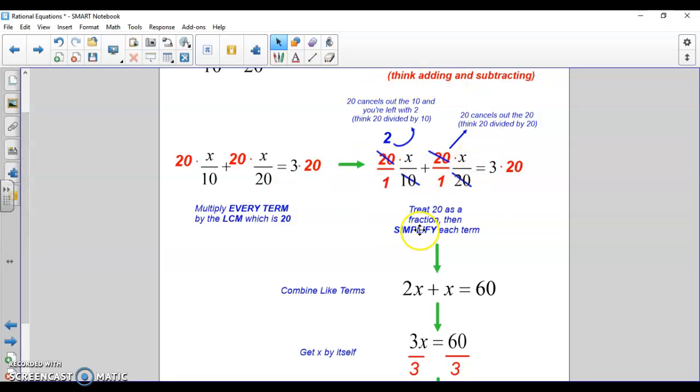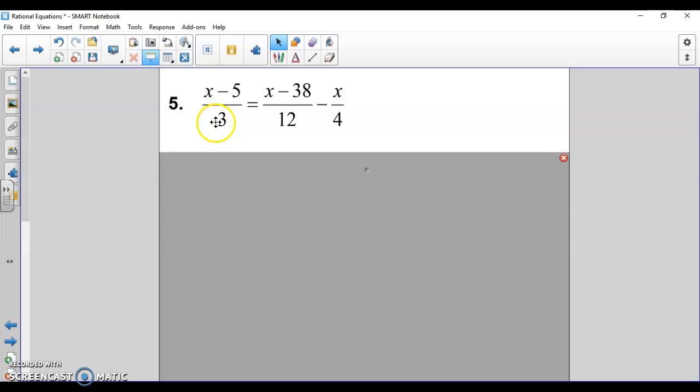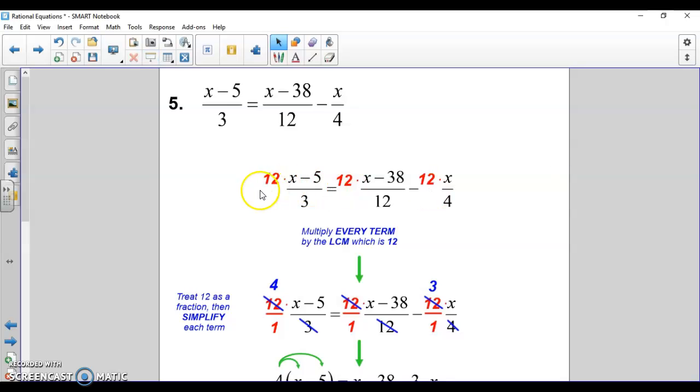This first step is the most important. It's the hardest step. If you make it through that, you're just fine moving forward. Everything else is combining like terms, adding, subtracting, dividing. That's it. Check out a couple more here. 3, 12, and 4. Lowest common multiple between those is going to be 12. So you multiply every term by 12. Again, treat it like 12 over 1.